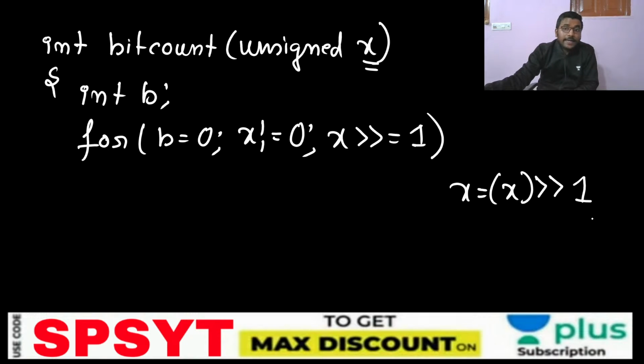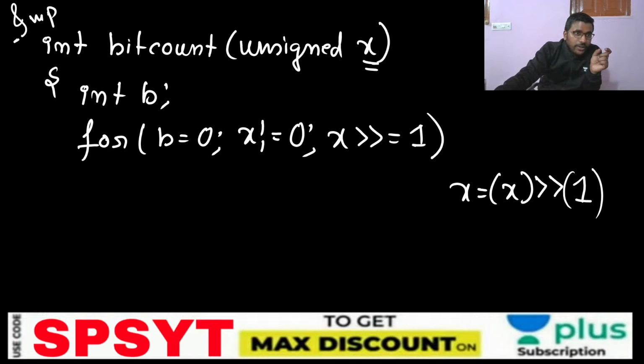I do the right shift of x, and that value I again assign to x. This is the type of code you will get in the GATE exam. You are counting how many ones there are in x. This is a very important code, asked in GATE also. So bit count is going to count the number of ones in x.